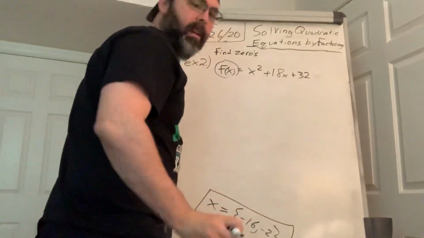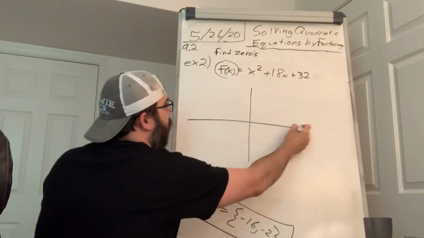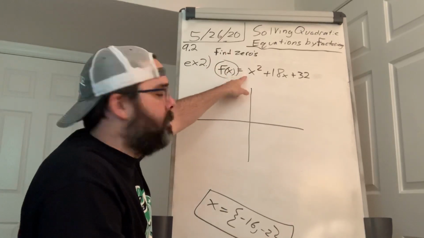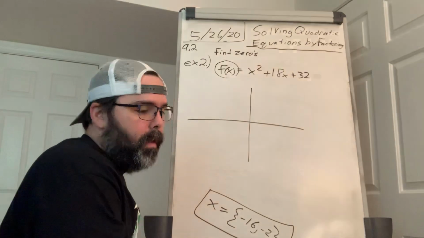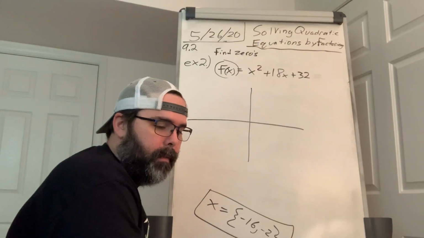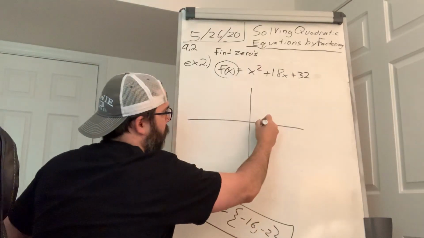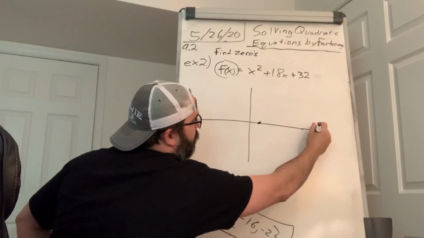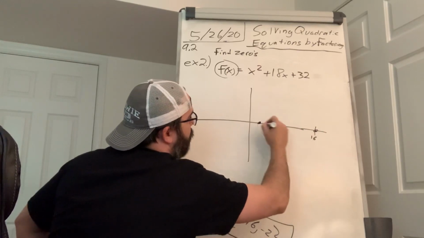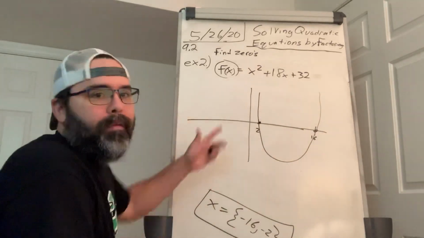Now, if we graphed this function with these zeros, where would my x-intercepts be? They would be at negative 2 and negative 16. Now, I don't know how far down it's going to go.